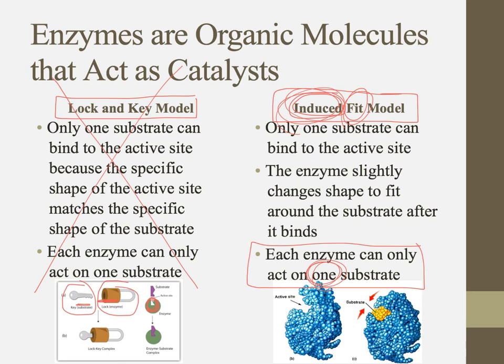But we now know that the shapes of enzymes do funky things when their active sites get filled by these substrates. So what's happening here is when the substrate binds to this active site, it causes an overall change in the shape of the enzyme, kind of like a gloved hand fitting around something that it's holding, right? It changes its shape once something is in it.